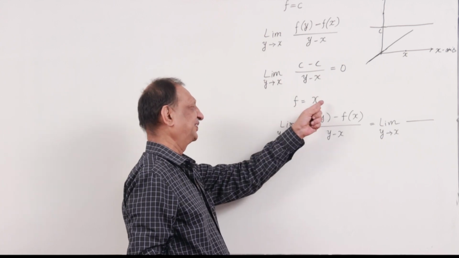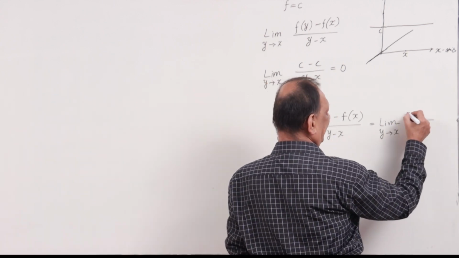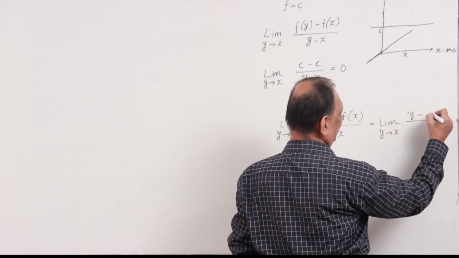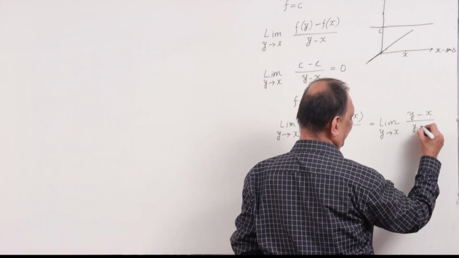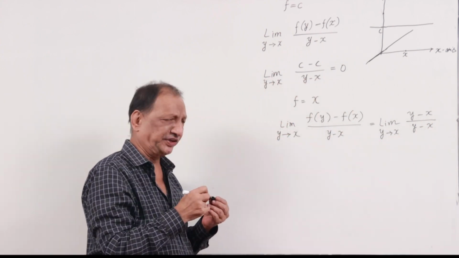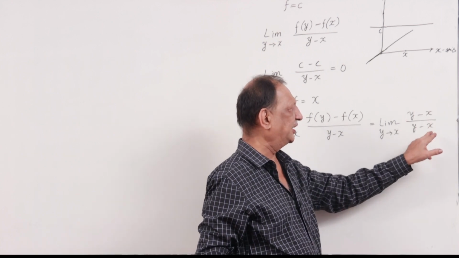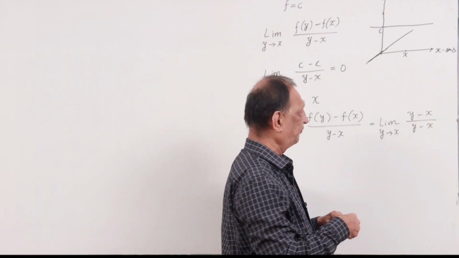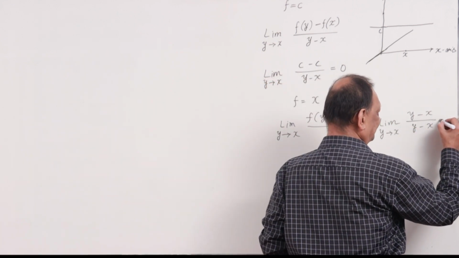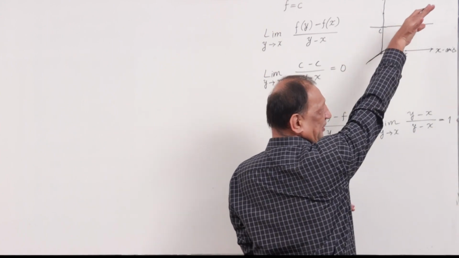Anytime whatever value of x you have, the same value y for f. So f of y will be y, f of x will be x, y minus x divided by y minus x. And the x definitely is not equal to y. y doesn't touch x, so it's non-zero. I got a non-zero value divided by non-zero value, both are equal, therefore this must be equal to 1. It's actually tan pi by 4. This angle is pi by 4, tan pi by 4 is 1.